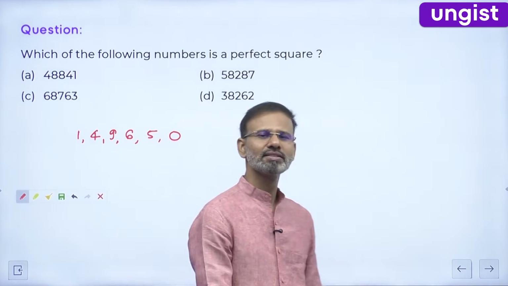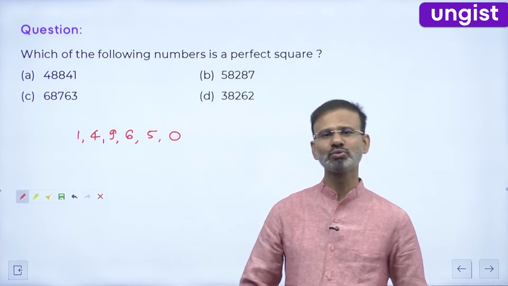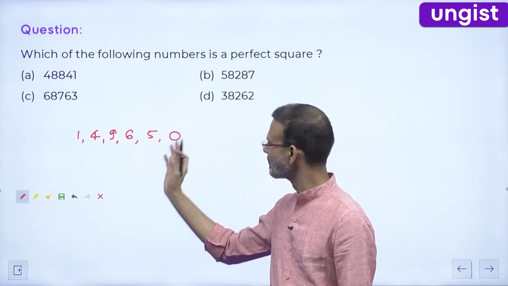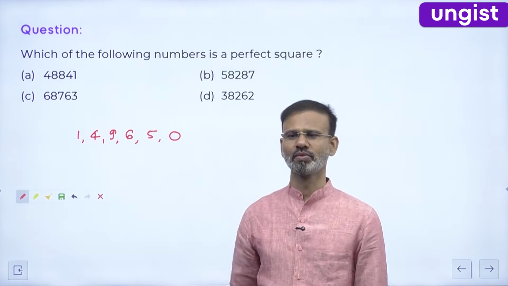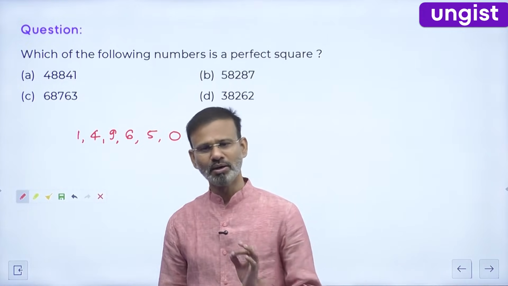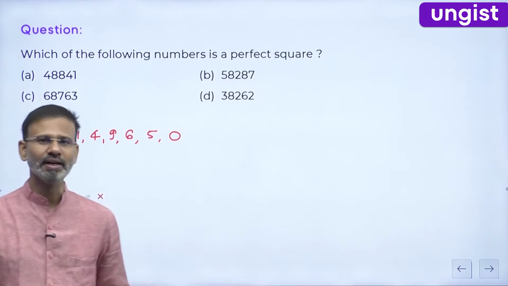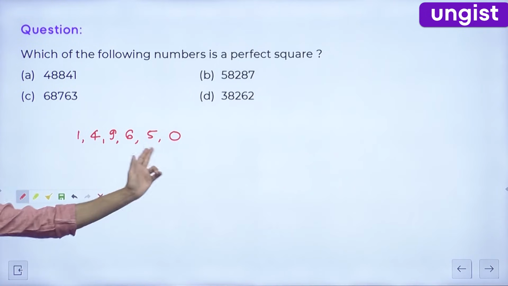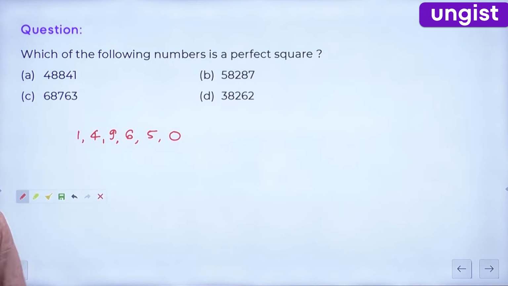Right. And guys, if you find the square of any number, the unit digits will be these 6 digits only. Always. A perfect square will always end with these unit digits. That's it. Everyone, yes or no? Correct?